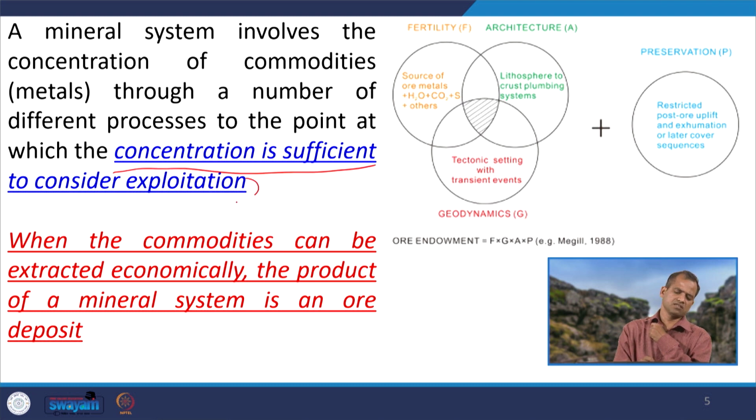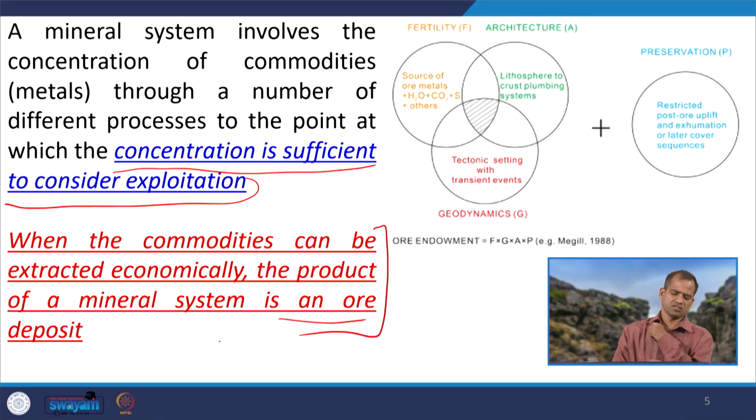Otherwise, mineralization is there, minerals are forming, but it is not concentrated. So, we have different cutoffs for different minerals. If it is concentrated below that, it is hardly of any use to us. When this commodity can be extracted economically, the product of a mineral system is an ore deposit.